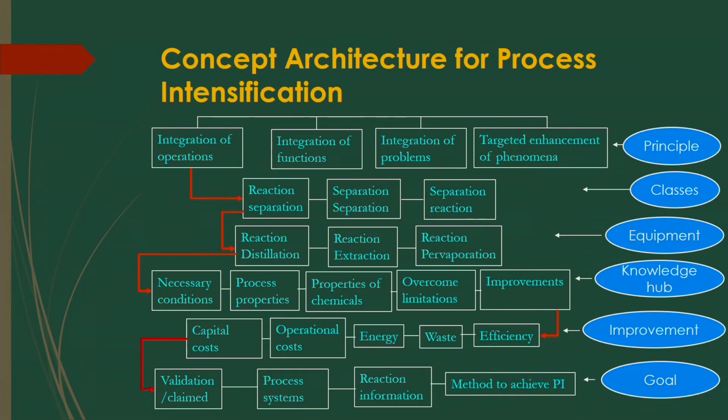Based on these principles, one of them, integration of operations, is the main heart of chemical engineering process intensification, and they have classified this integration of operations into reaction separation and also separation reaction in different ways.